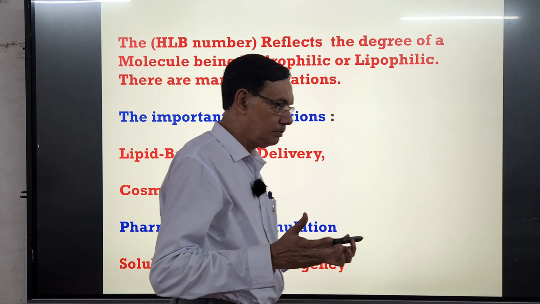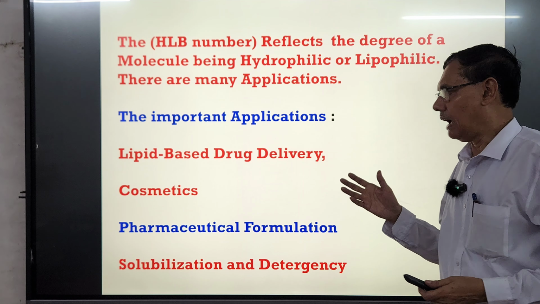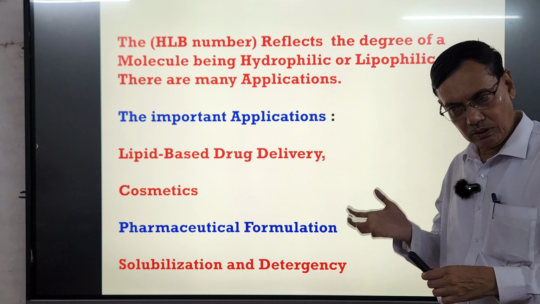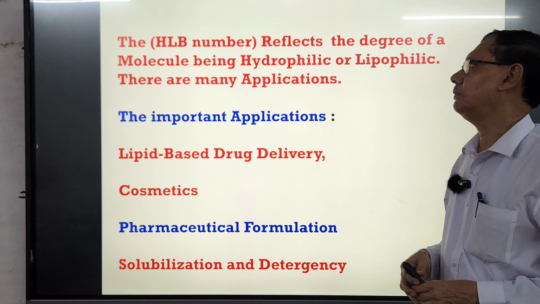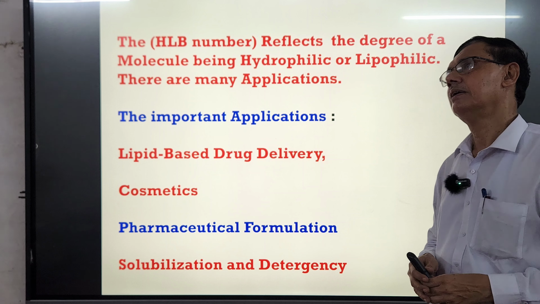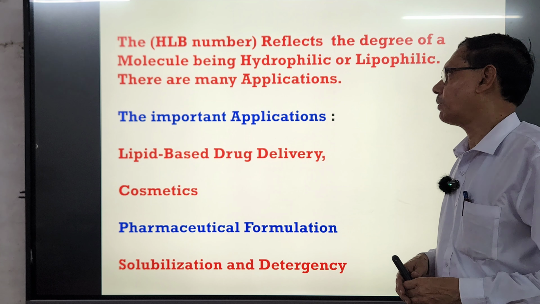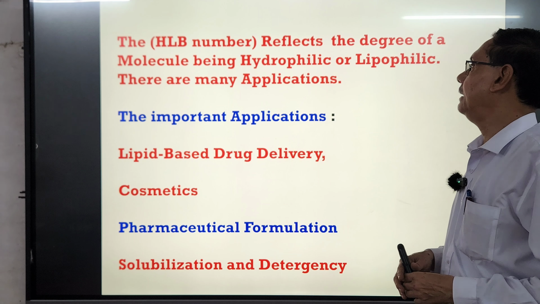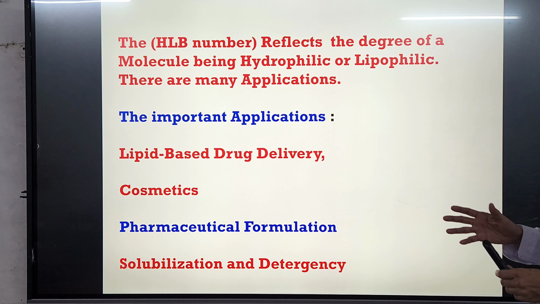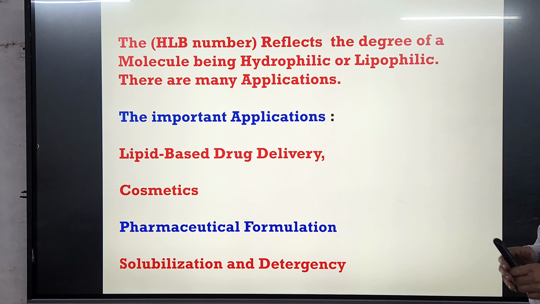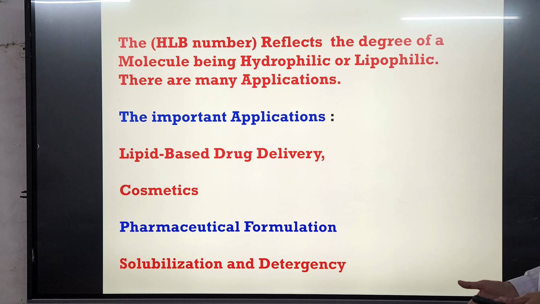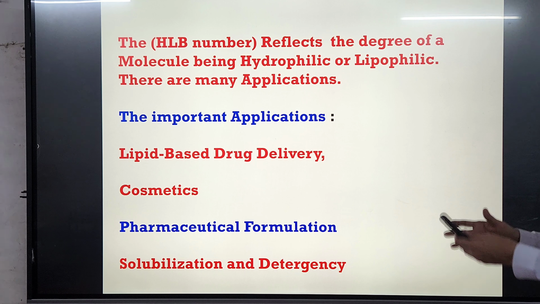Now you can ask me, sir, what is the application of this HLB scale? As I have already discussed in the introductory part, it is very important and it is one of the fundamental properties, because it reflects the degree to which a molecule, meaning a surfactant or emulsifier, is hydrophilic or lipophilic.